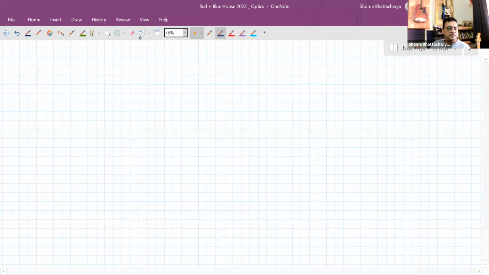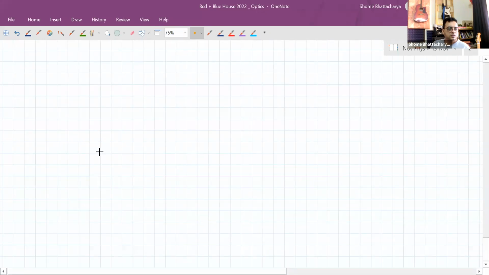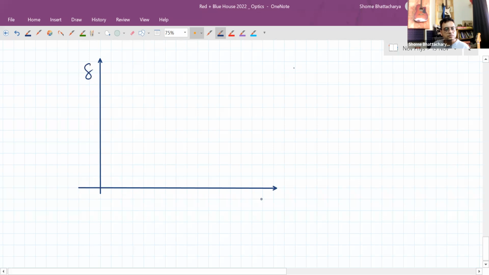So now if I understand that as a behavior of deviation as a function of angle of incidence, I'll see that any particular value of angle of deviation comes for a particular angle of incidence, let's say I1, and then again it repeats for another particular value of angle of incidence, I2.